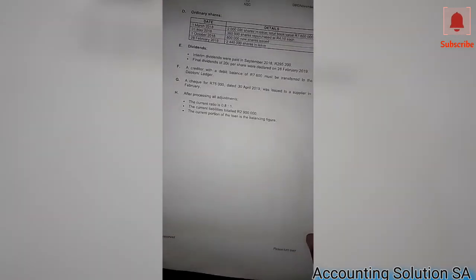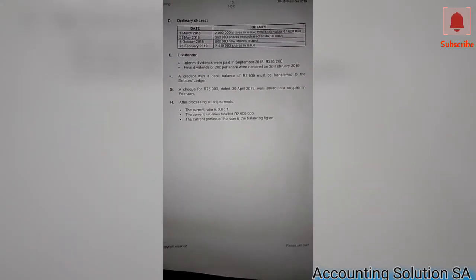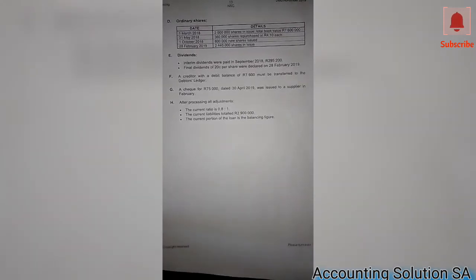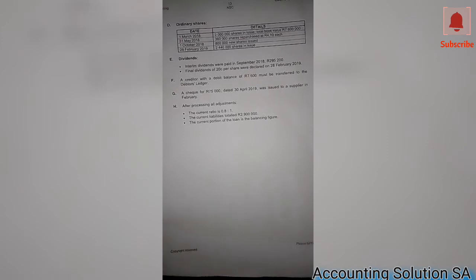Okay, then on 31 March 2018, 360 shares were repurchased at 4.10. Okay, on 1 October 2018 new shares were issued.